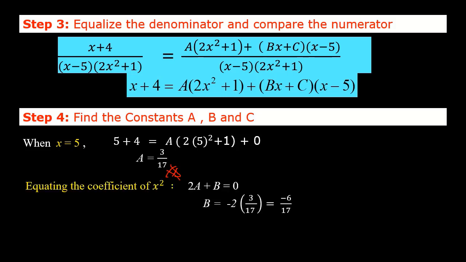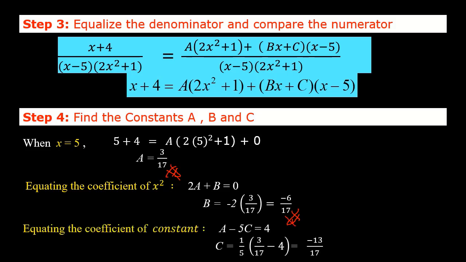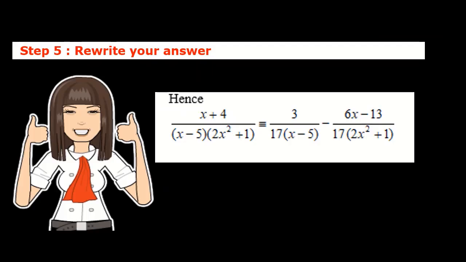I compare the coefficient of x² on both sides and I will get the constant B. Finally, I equalize the constant terms, so I will get the value of C here. And for the final step, I just rewrite the fractions into partial fraction form as this.